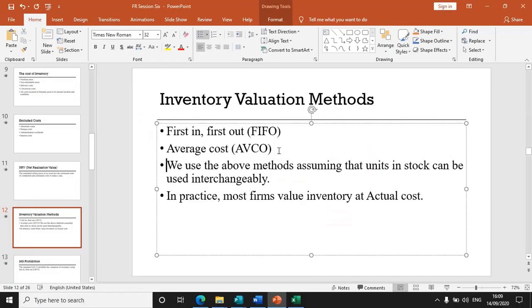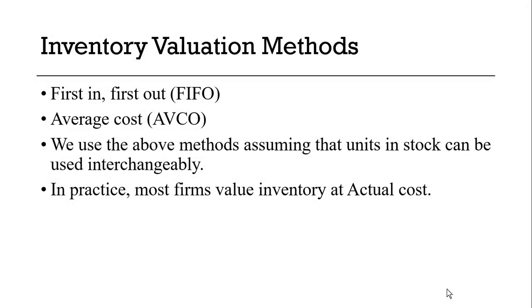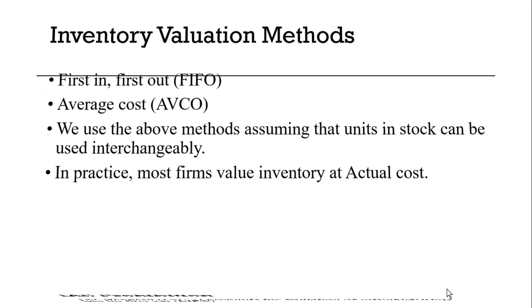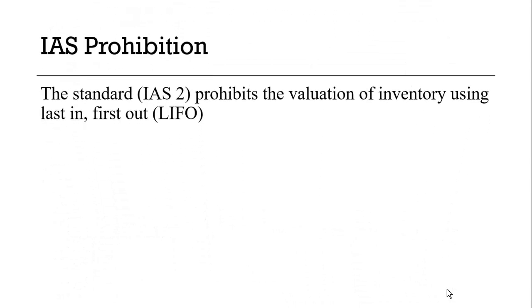So I'd like to say here we have got two methods that are encouraged. There's first in, first out, which is FIFO, and average cost. We use the above methods assuming that units in stock can be used interchangeably. But in practice, of course, in reality, most firms value inventory at actual costs.